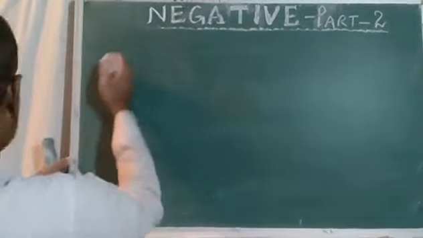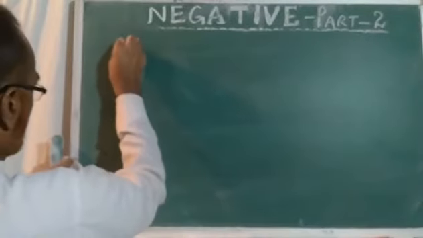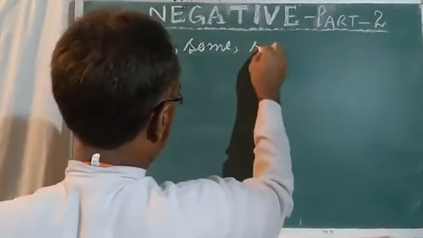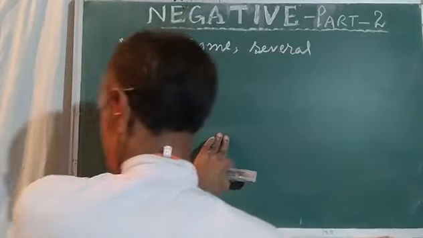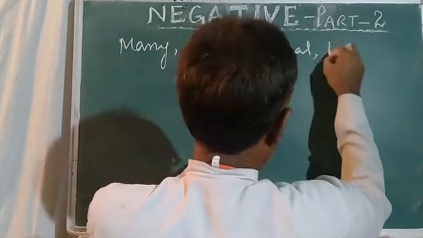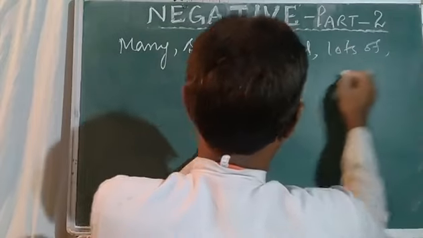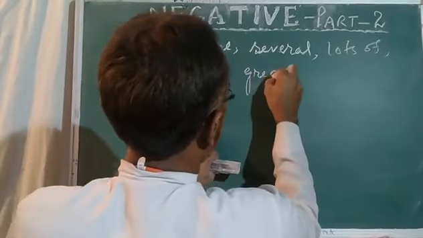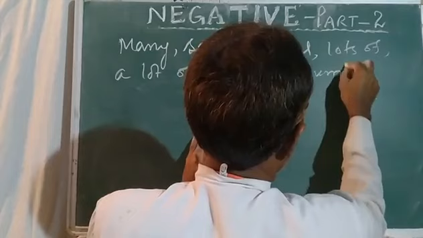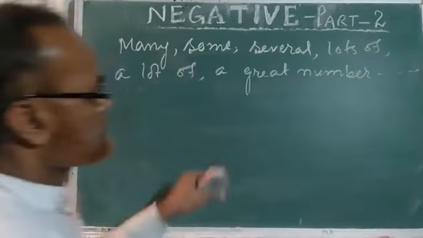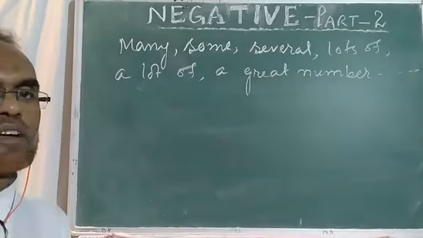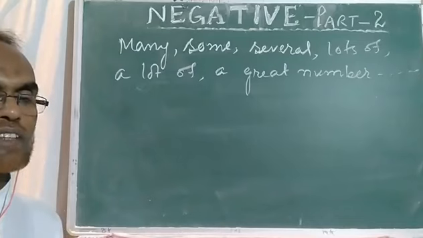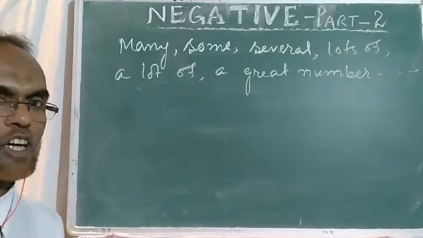Those words are many: many, some, several, lots of, a lot of, a great number of, and many, etc. If we find any of these words in a sentence, then how can we make those sentences into negative?